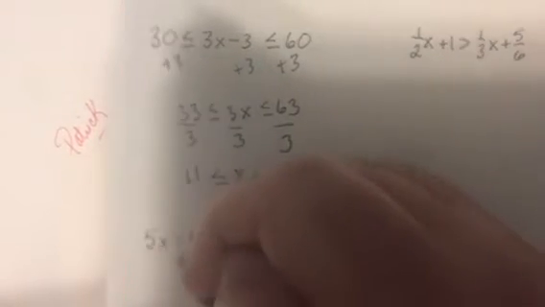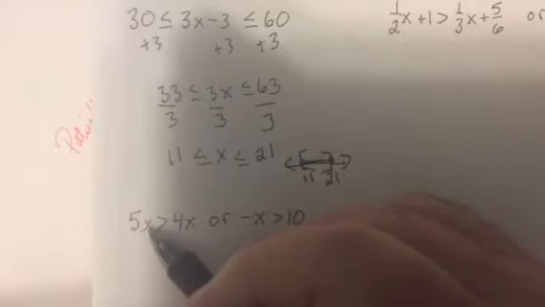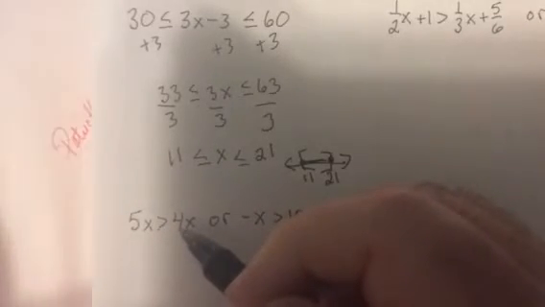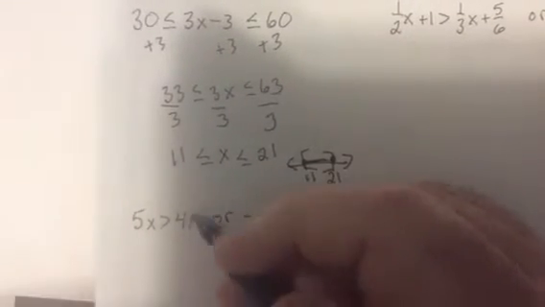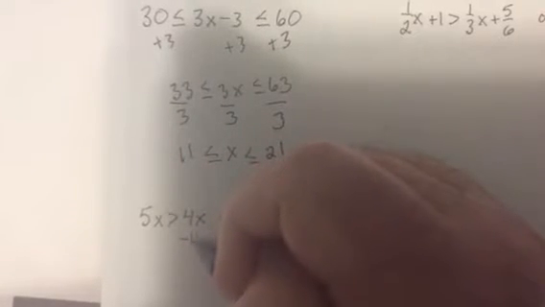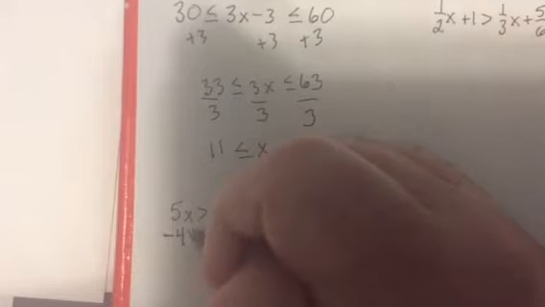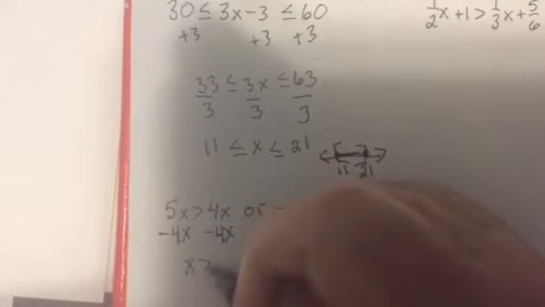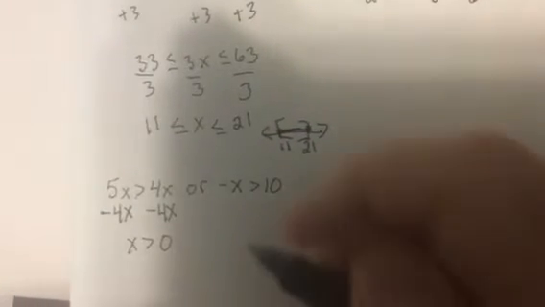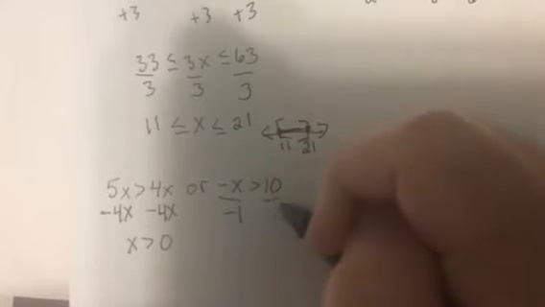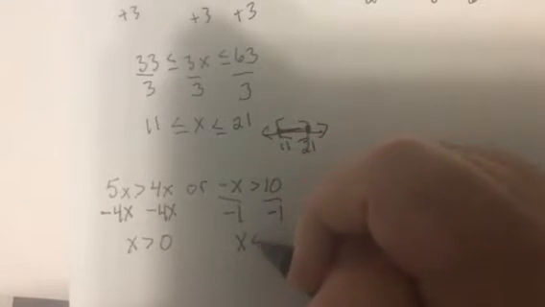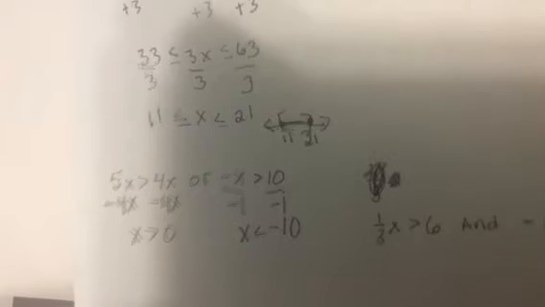Okay, this one, now most people get this one wrong. No matter what I do, people can't help themselves. But you want to get x to one side, so I'm going to subtract 4x, so x is greater than 0. You want to get the x by itself. Here I'm going to divide by -1, so x is less than -10.